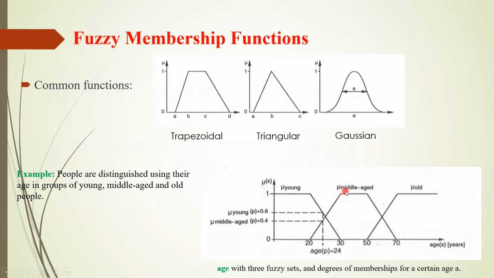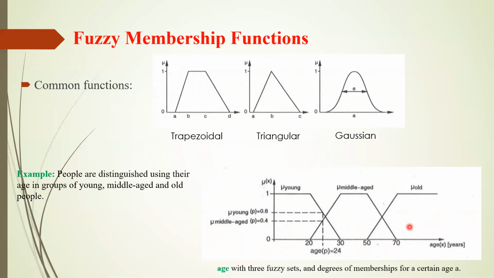Similarly, we cannot say that middle-aged people start from this. So there are some ranges in which people are considered young, ranges in which people are considered middle-aged, and above some range the people are considered old.